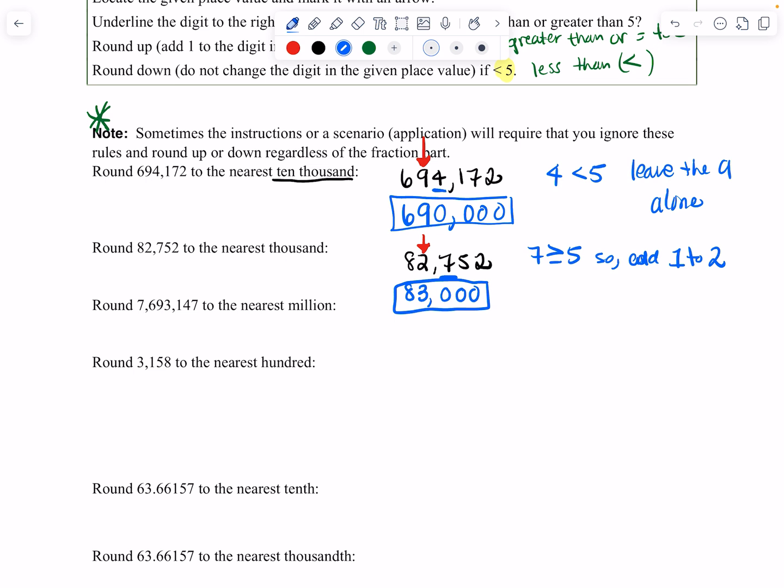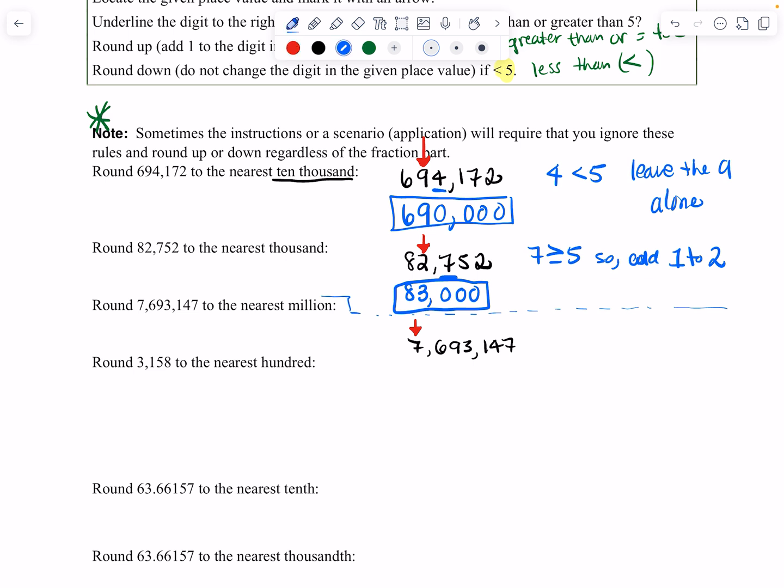Okay, let's look at the next one. And I'm just going to put some lines here so we can see that this value goes with here. So we're going to round 7,693,147 to the nearest millions. So the millions place value, the number 7 is in it.